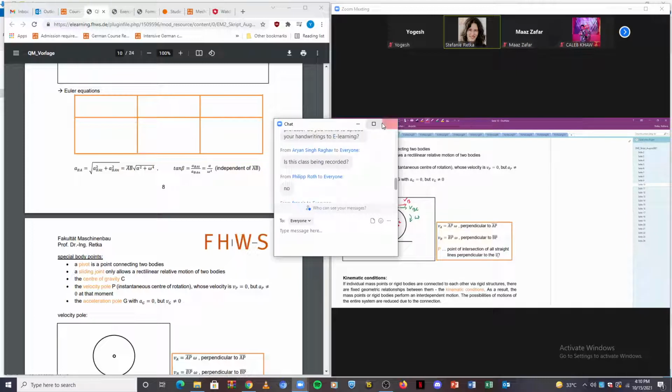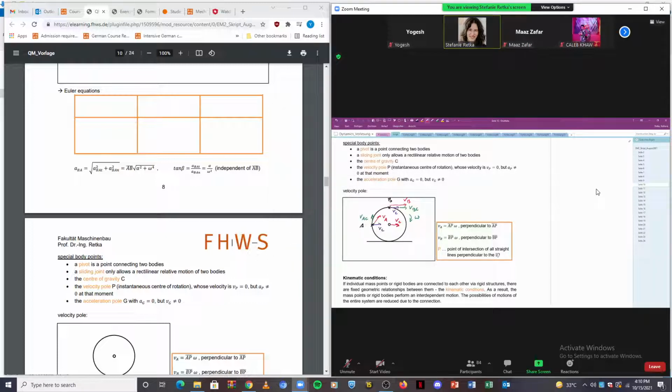Now, if you want to find the velocity pole, we have to know the direction of at least 2 velocity vectors, for example, A and B. And then we can draw a line perpendicular to the velocity vectors.